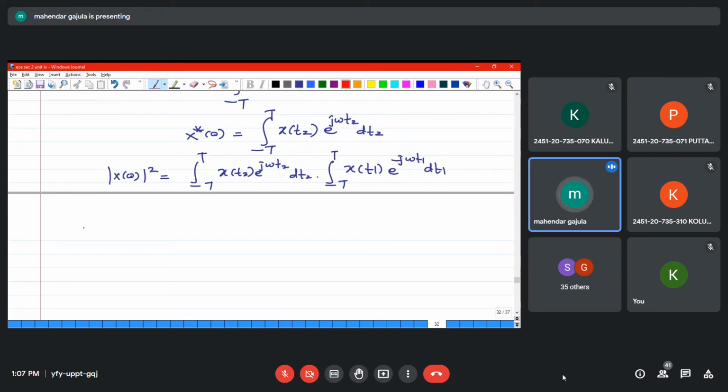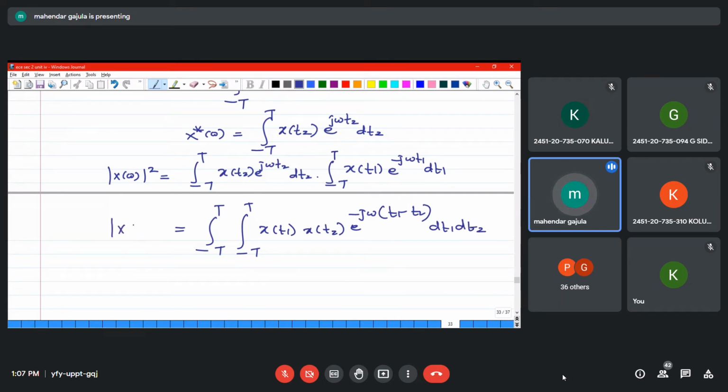So let us write integration from minus T to T, integration from minus T to T xt1 xt2 e power minus j omega, taking minus j omega common, it leaves us t1 minus t2, dt1 dt2. This is mod X omega square.